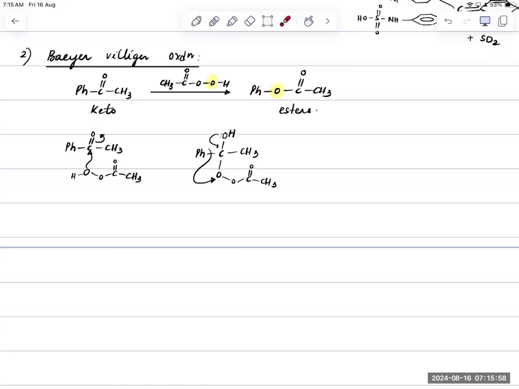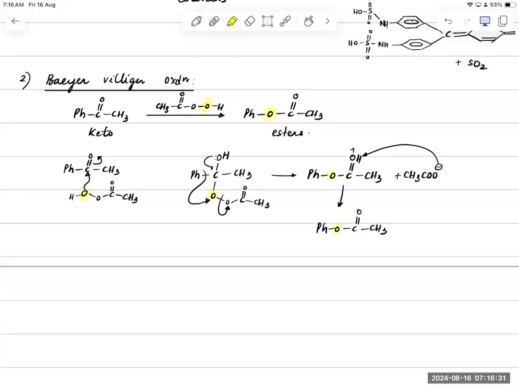This shows that the phenyl has better migrating aptitude than methyl, and this group will leave from here. So Ph O C double bond OH plus and CH3 CO minus, which will take away this H plus, and from there we will get an ester form here. So this is a typical mechanism. This oxygen is the same peroxy based oxygen. Got it?